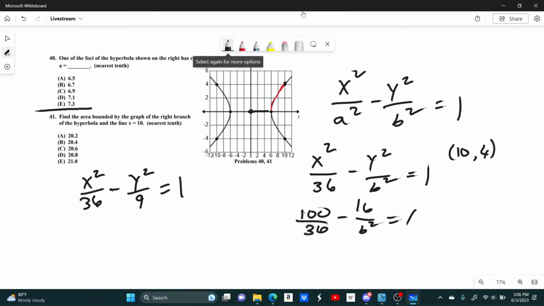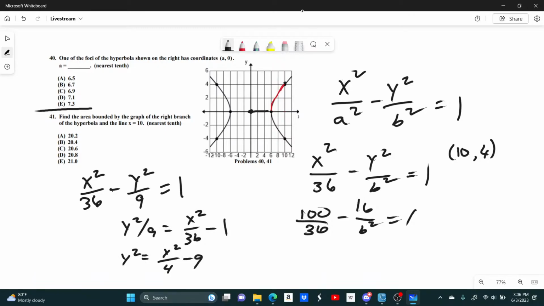I'll get y squared over 9 equals x squared over 36 minus 1. Then multiply everything by 9, so y squared equals x squared over 4 minus 9. And I'll get y equals the square root of x squared over 4 minus 9.